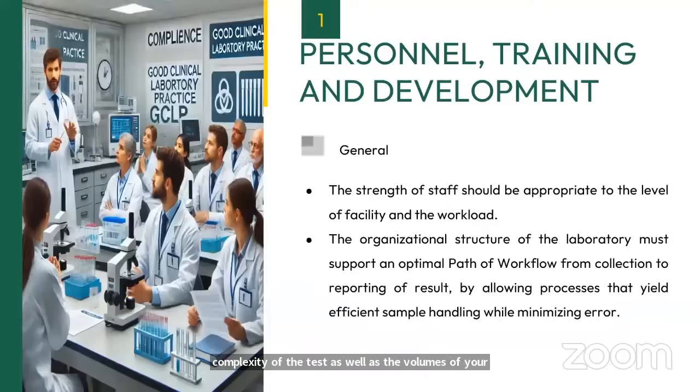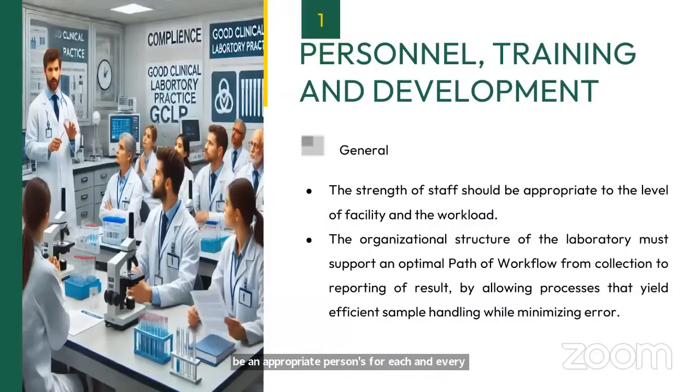The organizational structure of the laboratory should support an optimal workflow from collection to reporting of results, by allowing processes that yield efficient sample handling while minimizing error. So the number of staff or your organizational structure should be designed in such a way that there is an appropriate hierarchy and appropriate personnel for each activity.